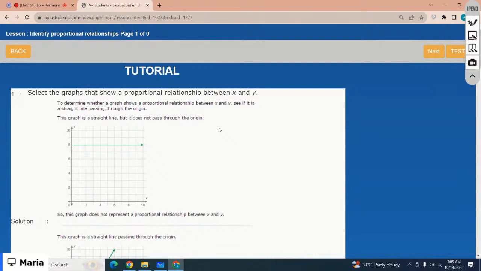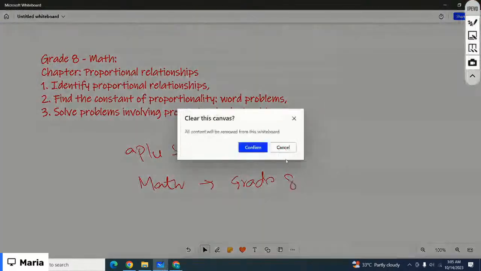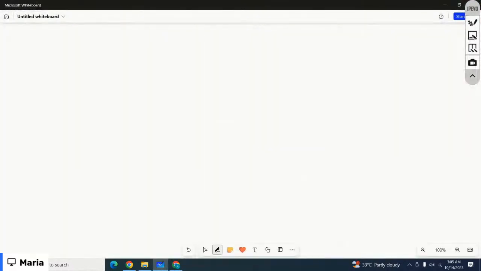So the graph of the proportional relationships is always a straight line, and it passes through the origin. So if the graph looks like this, it is passing through the origin and it is a straight line. That means the graph belongs to the proportional relationship, right?